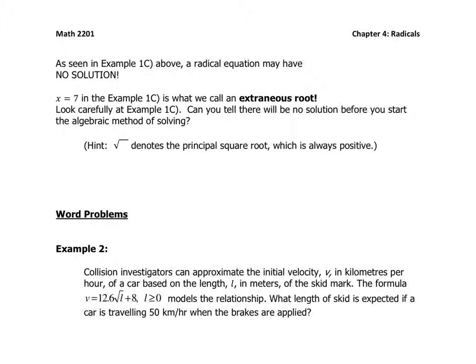And we already talked about looking back at the equation first to see that there's no solution. You can almost tell at the beginning because the square root was equal to a negative. When you see the square root, you're expecting a positive answer, because this symbol denotes the principal square root, which should not be a negative.